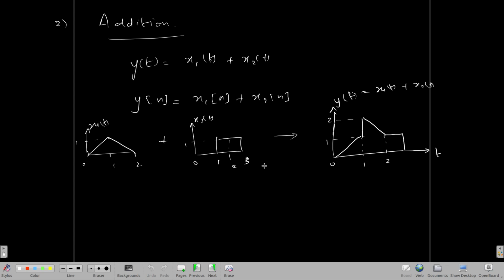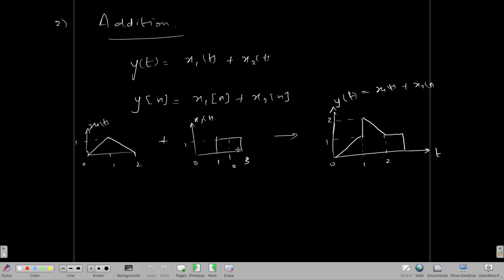addition, the signal actually gets longer than either if there are non-overlapping areas in time. That is, they have a common area only from 1 to 2, right?